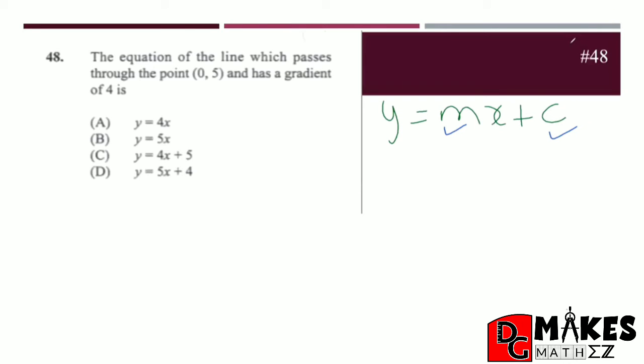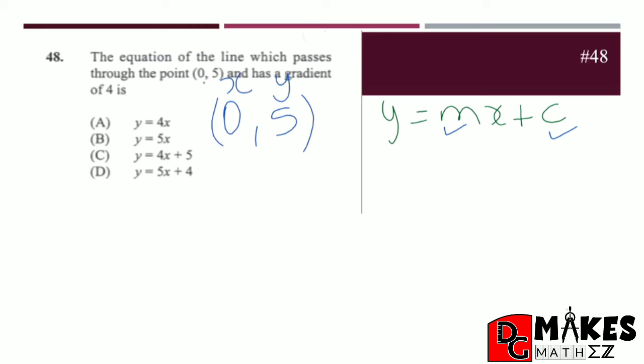All right, so we know our gradient, but we don't know our y-intercept. Right now, we have a point, and that's good, because this point has x and y coordinates. We have an x value and a y value.